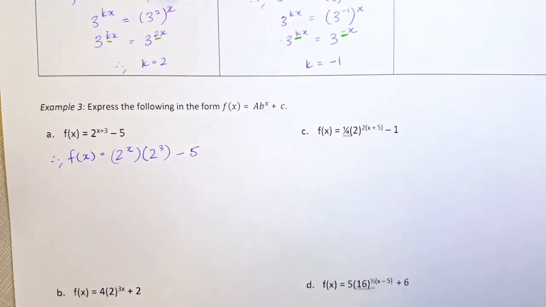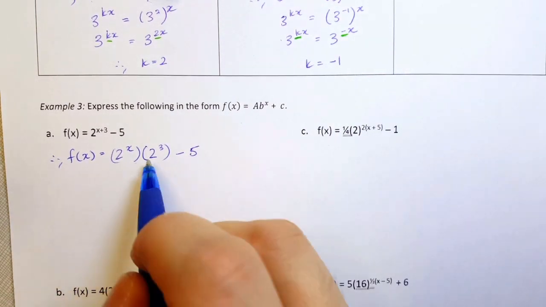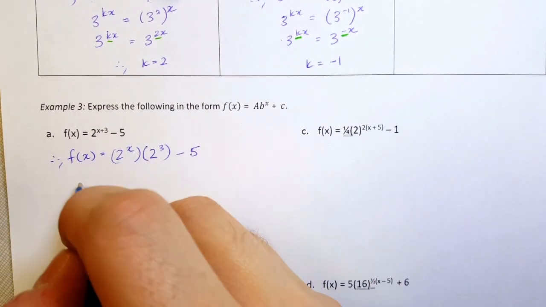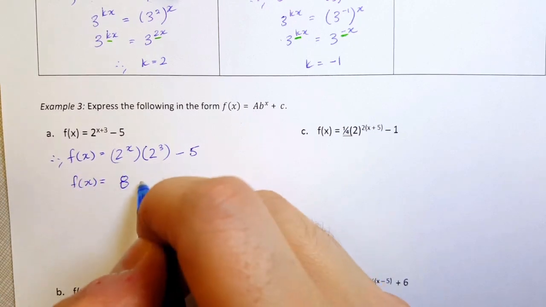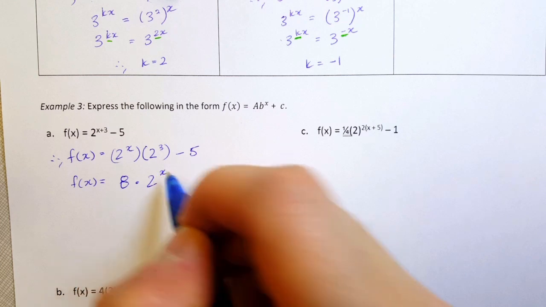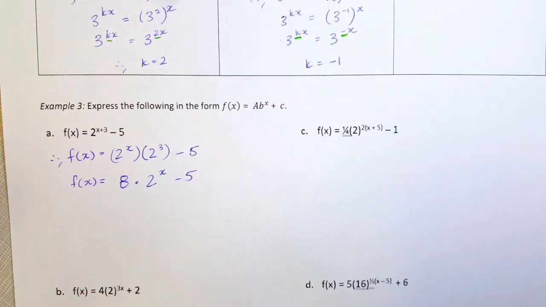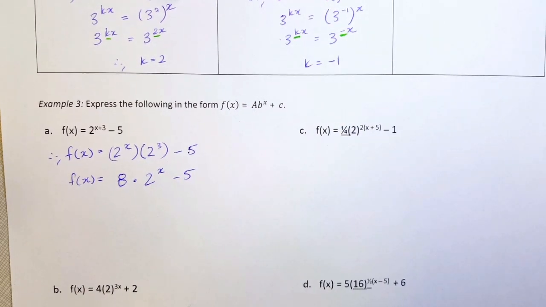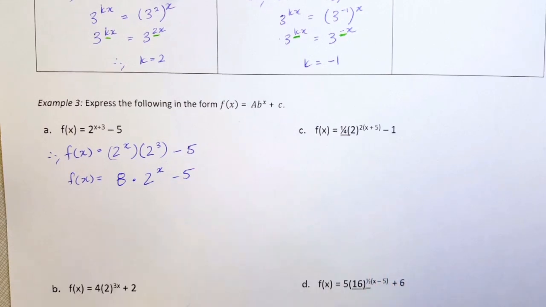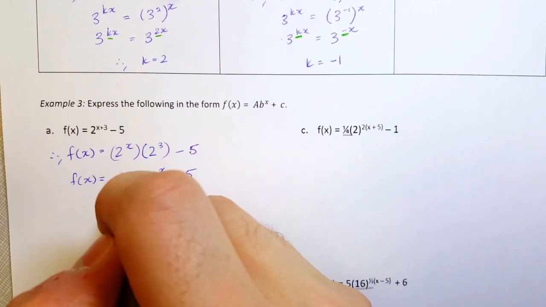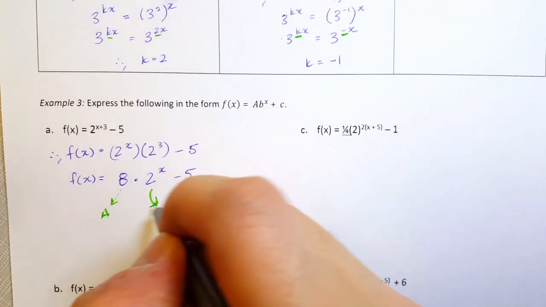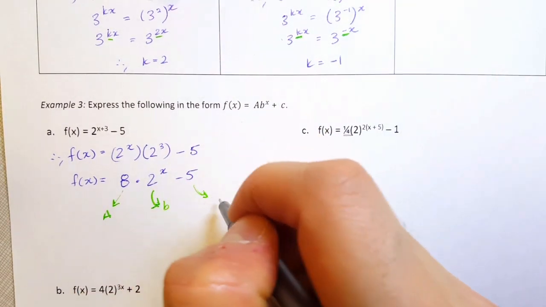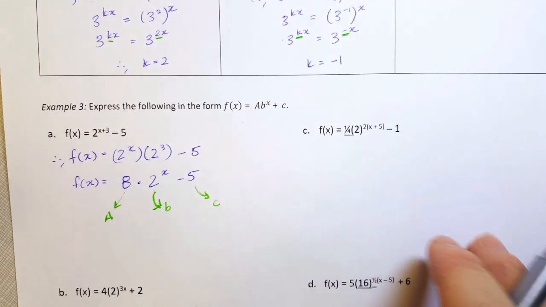And then I keep the minus 5. 2 to the power of 3 is a constant, that's 8. So f of x is equal to 8 times 2 to the power of x minus 5. And have I put it in this form? Well, I certainly have. This would be your a, your base is b, and your c is negative 5.